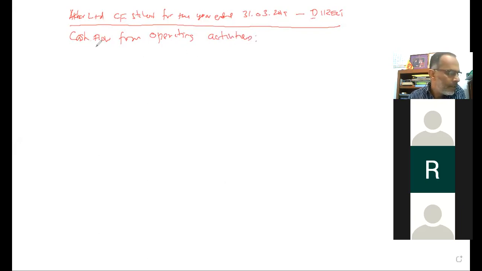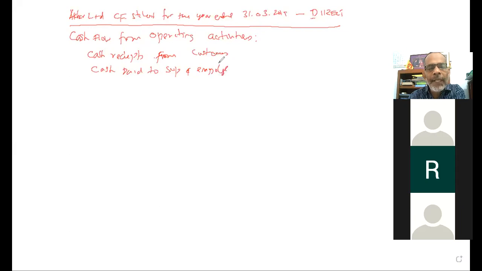Number 1, cash receipts from customers and also cash paid to suppliers as well as employees.